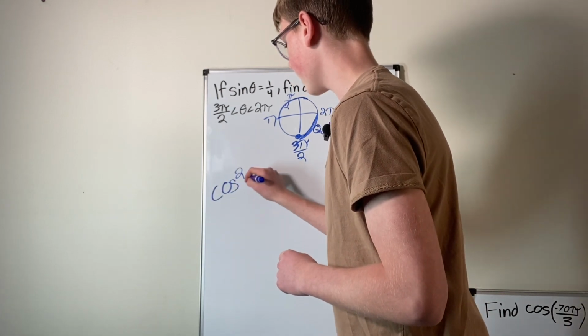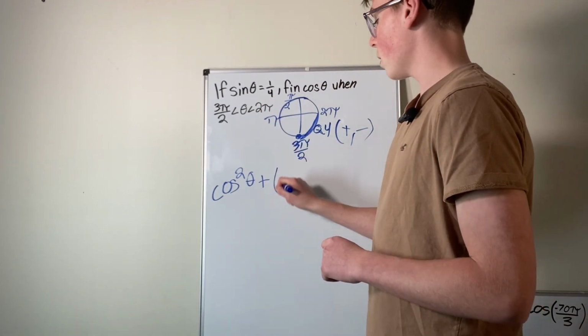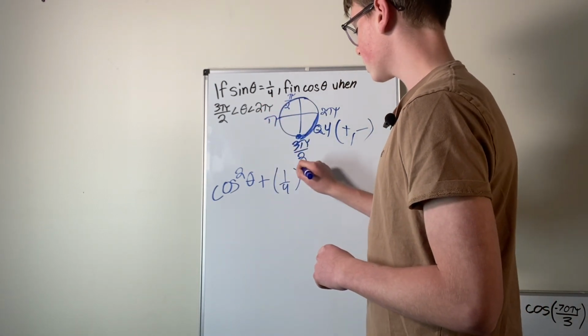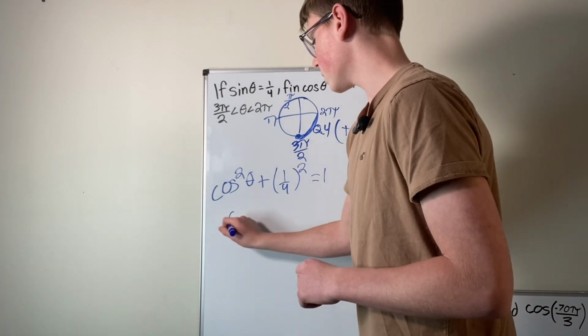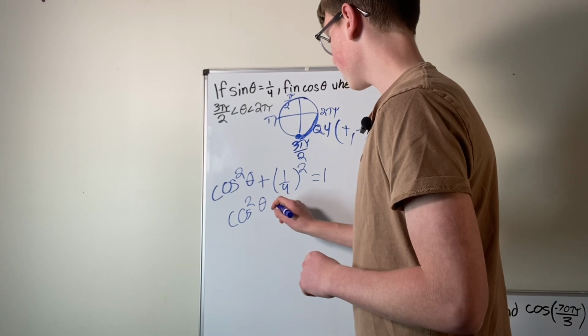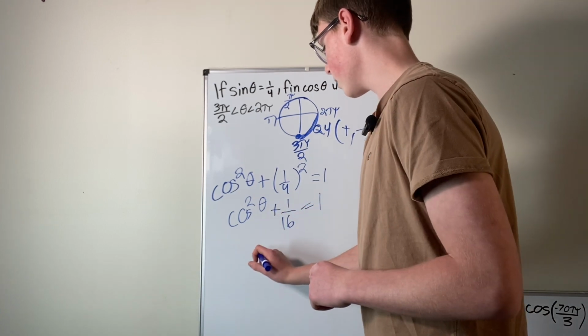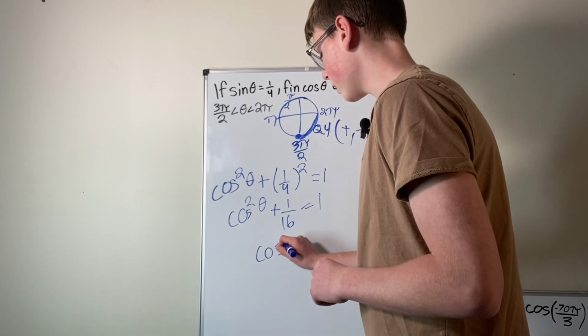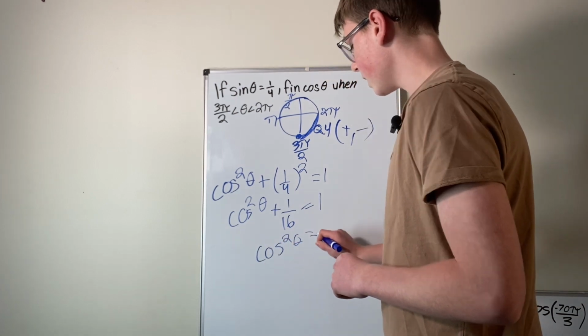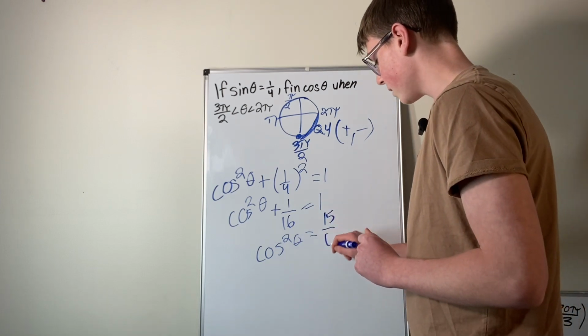Cosine squared theta plus sine squared theta is really 1/4 squared equals 1. So cosine squared theta plus 1/16 equals 1. Then cosine squared theta equals 1 minus 1 over 16, which is 15 over 16.